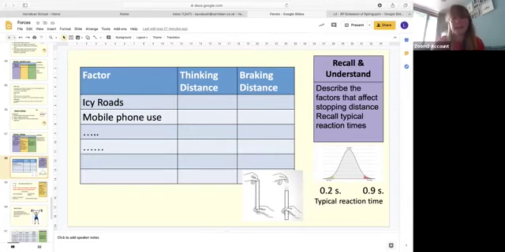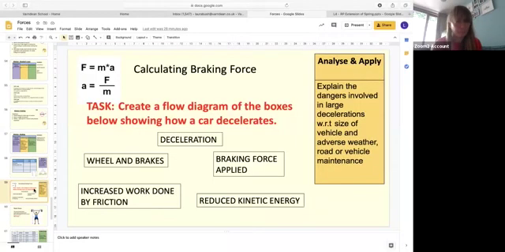And then braking distance, things that affect that are things to do with the car, so the nature of the tyres or the brakes themselves, and the road conditions at the time. So if it's an icy road, then obviously it takes longer to brake. We then looked at calculating a braking force, which is essentially using F equals ma, force equals mass times acceleration.